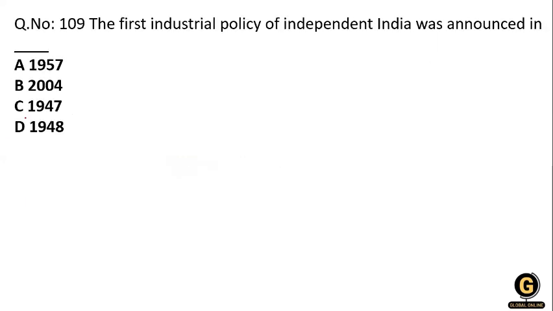Clear? Now, the first industrial policy of independent India was announced in 1957, 2004, 1947, or 1948. So what is the right answer? This is factual. That is 1948. The first industrial policy of India was announced in 1948.